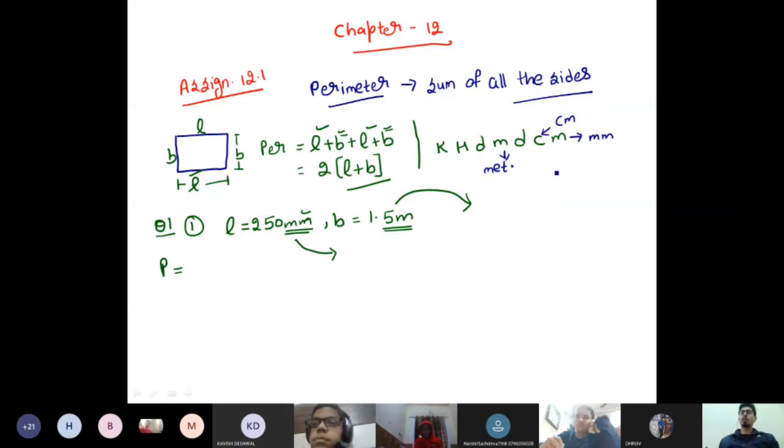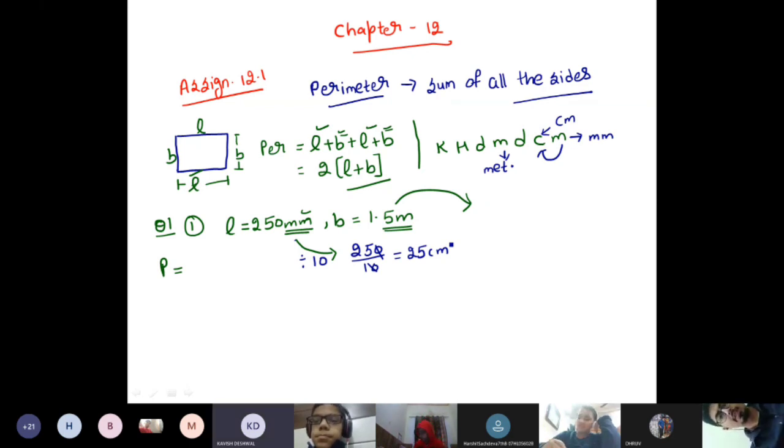So to convert millimeter into centimeter, I have to divide it by 10. Yes or no? So divide this by 10. If I divide this by 10, it will be 250 by 10, so it will be 25 centimeter. Is it clear? Yes, everyone?